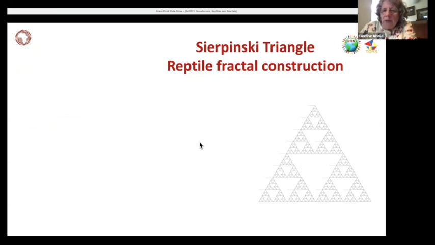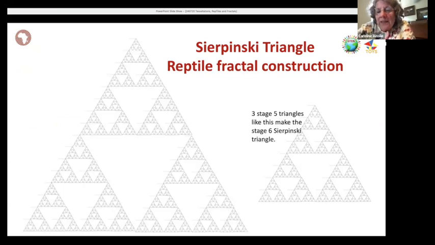We're back to Władysław's friend Sierpiński. So this is a fractal. Now, as a reptile fractal construction, each one, like the one that you're seeing on the right, can be shrunk down to the extent where it actually fits into one of the teeny tiny triangles of the one on the left.